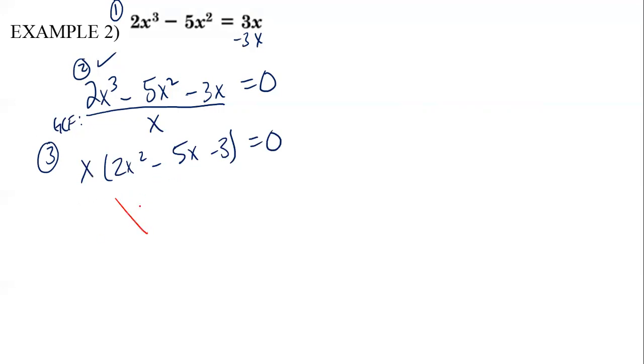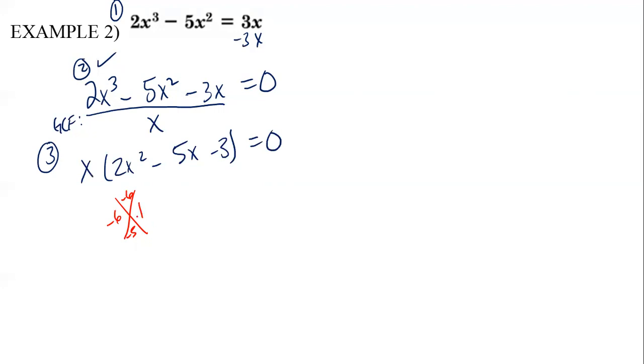So X box is saying your A times your C is negative 6, and it needs to equal my B, which is negative 5. So what two numbers multiply to give me negative 6, but add to give me negative 5? Negative 3 and negative 2 give me positive 6, because the negative times a negative is a positive. How about negative 6?